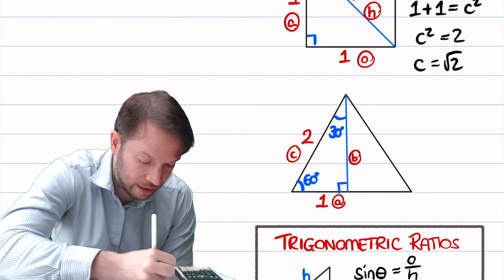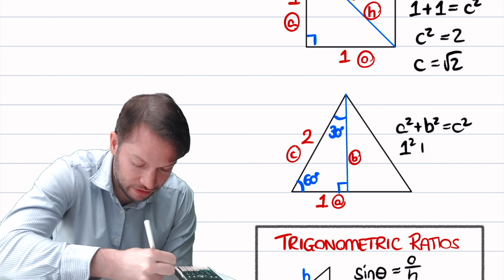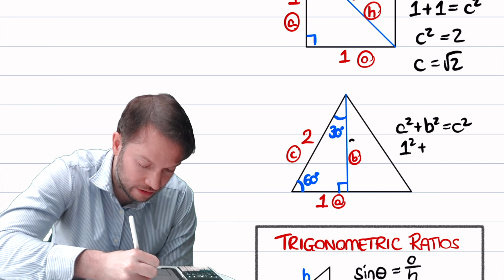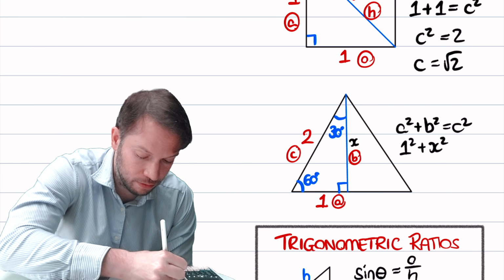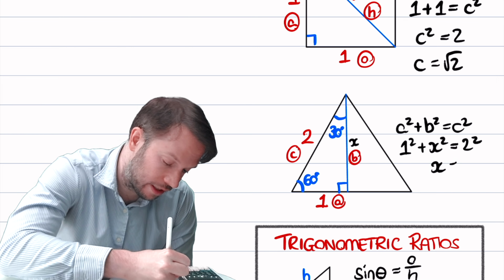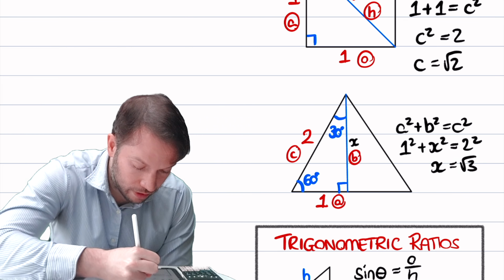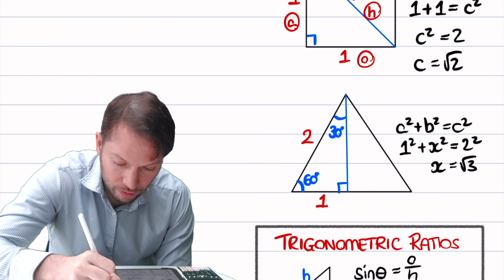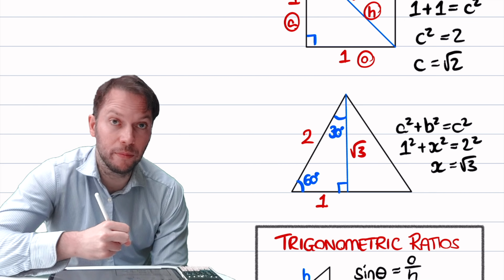We've got 1 squared plus B squared, which is unknown. Let's call that X. So 1 squared plus X squared is equal to C squared, 2 squared. And if you solve that, you get X is root 3. So this length going up is root 3 by Pythagoras' theorem.